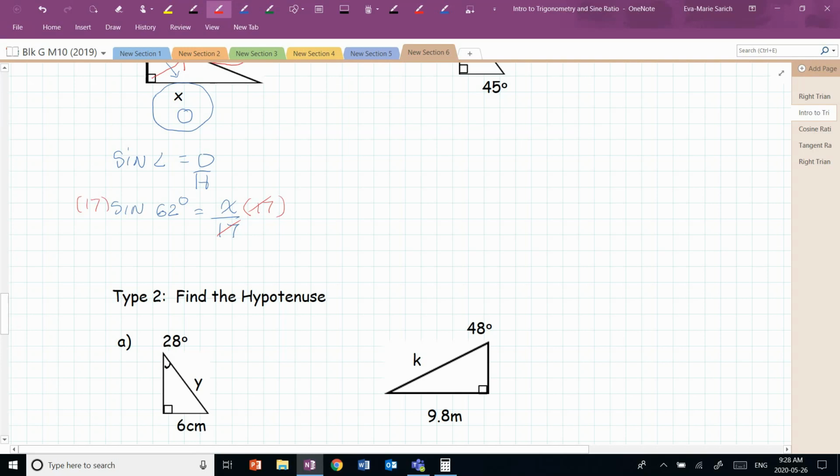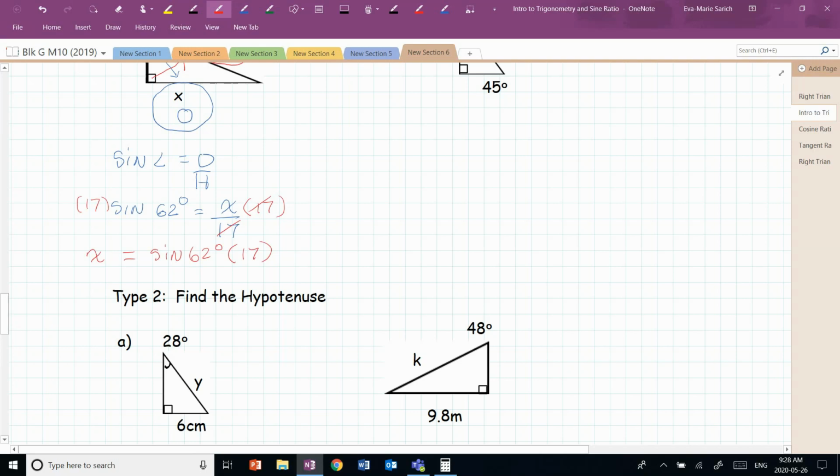So now we've got x is equal to the sine of 62 degrees times 17.